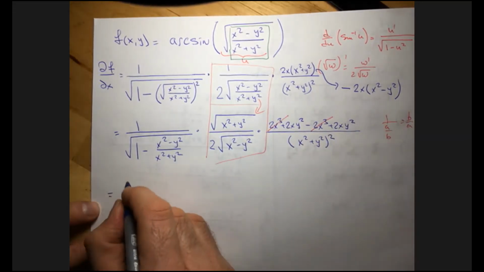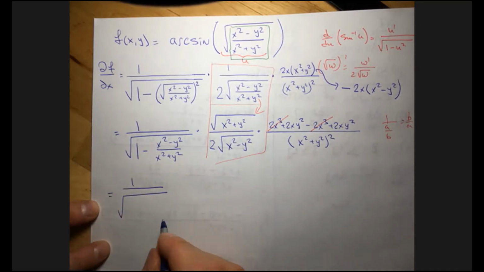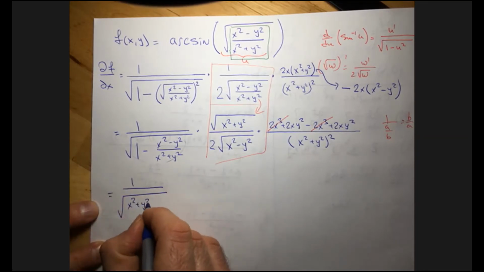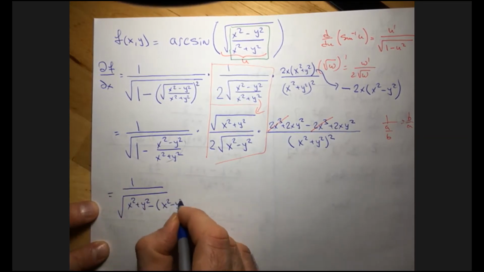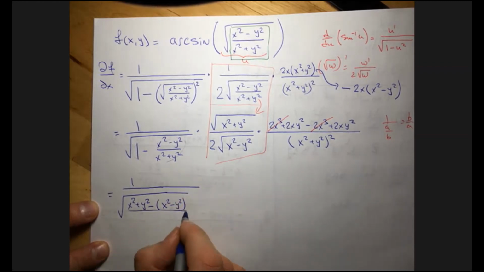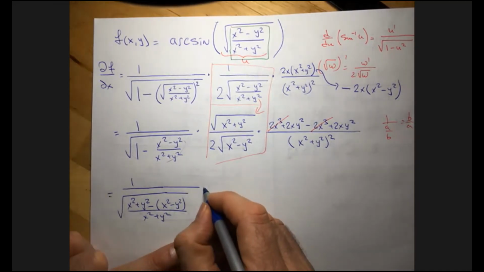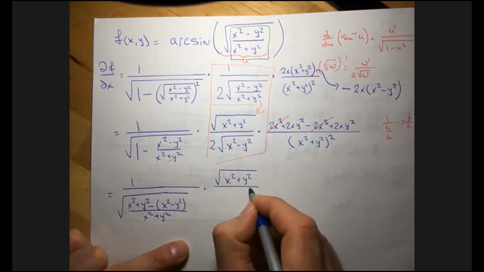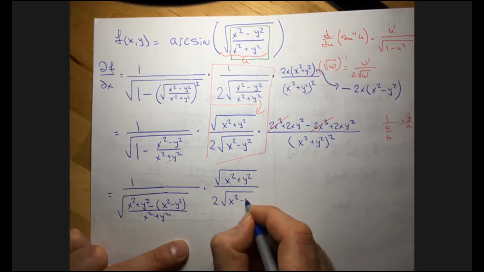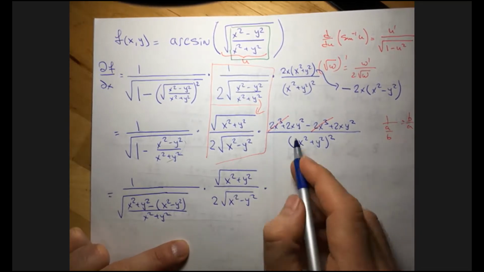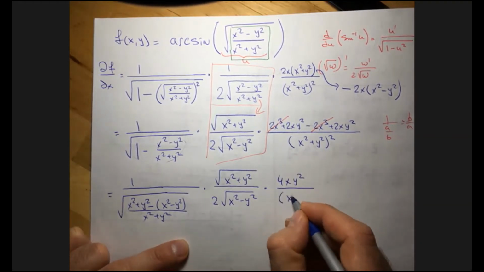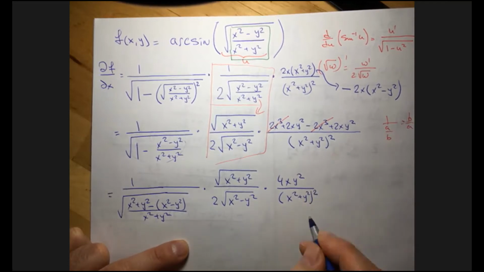Okay, this is 1 over square root of, now I bring this under common denominator, x squared plus y squared minus x squared minus y squared over x squared plus y squared, times square root of x squared plus y squared over 2 square root of x squared minus y squared, times 2 plus 2 is 4xy squared over x squared plus y squared, squared.